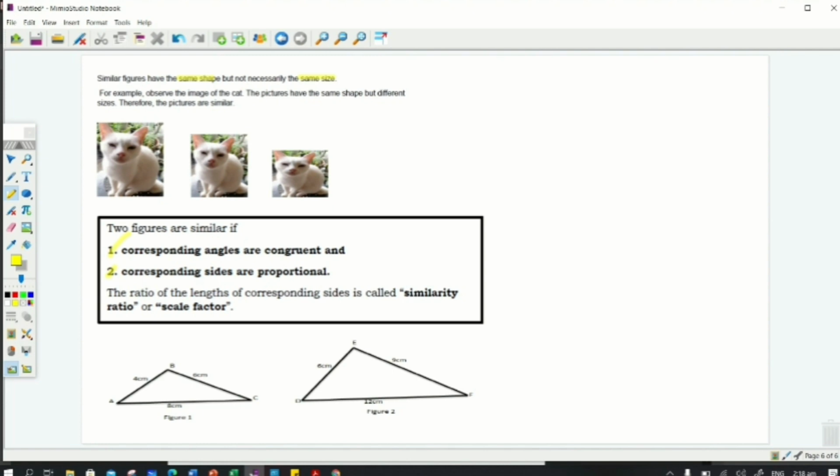The ratio of the lengths of corresponding sides is called the similarity ratio or scale factor. In our previous activity, triangle ABC is similar to triangle DEF.